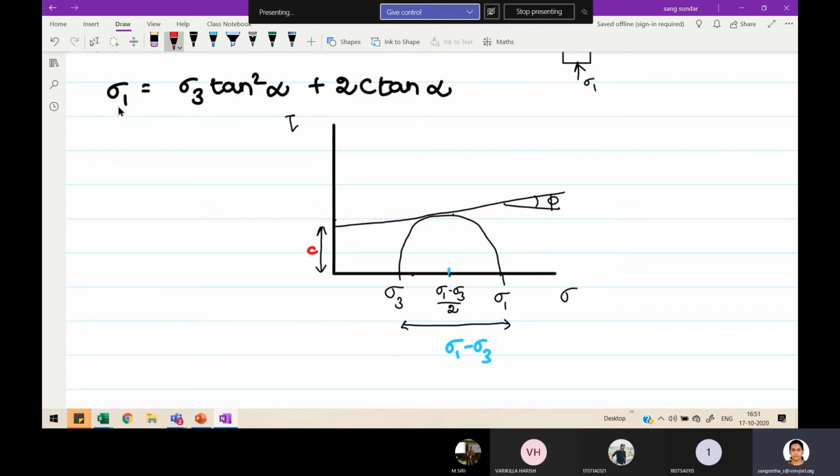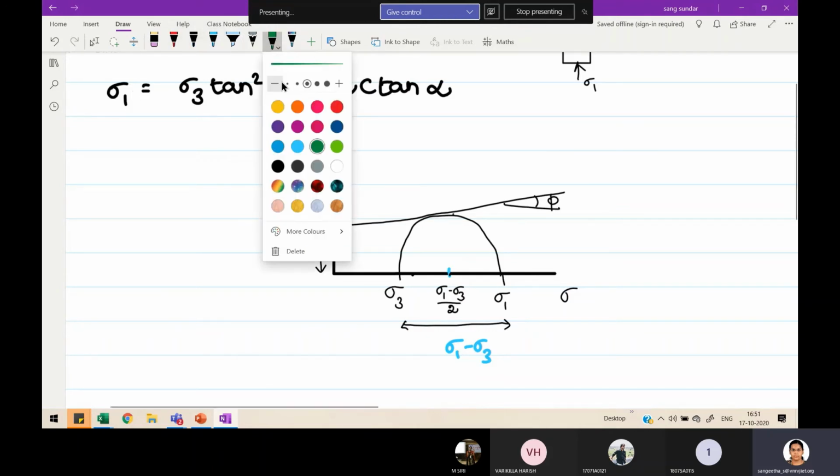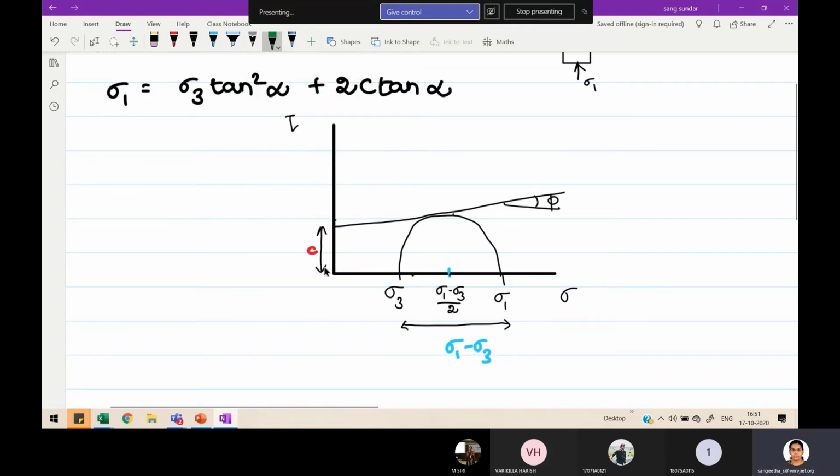Now I wish to know how sigma 1 is equal to sigma 3 tan square alpha plus 2C tan alpha. For that, what I am going to do is extend this failure envelope further, with the same inclination.